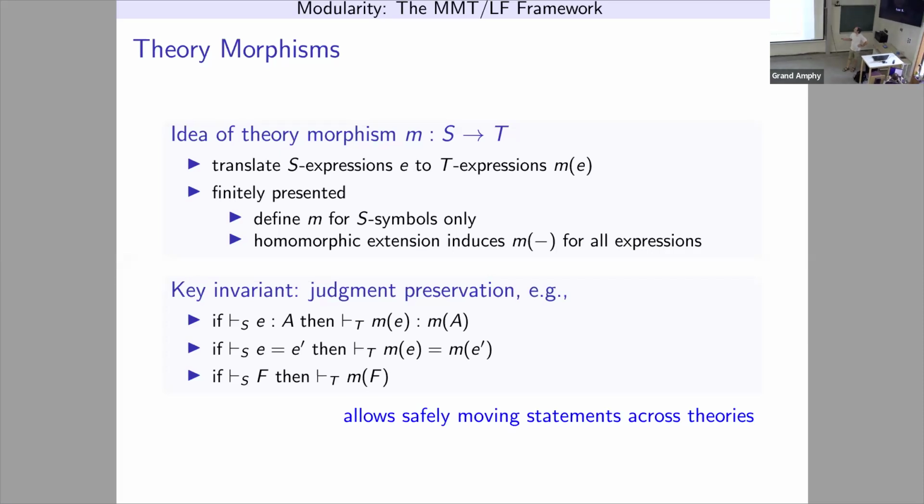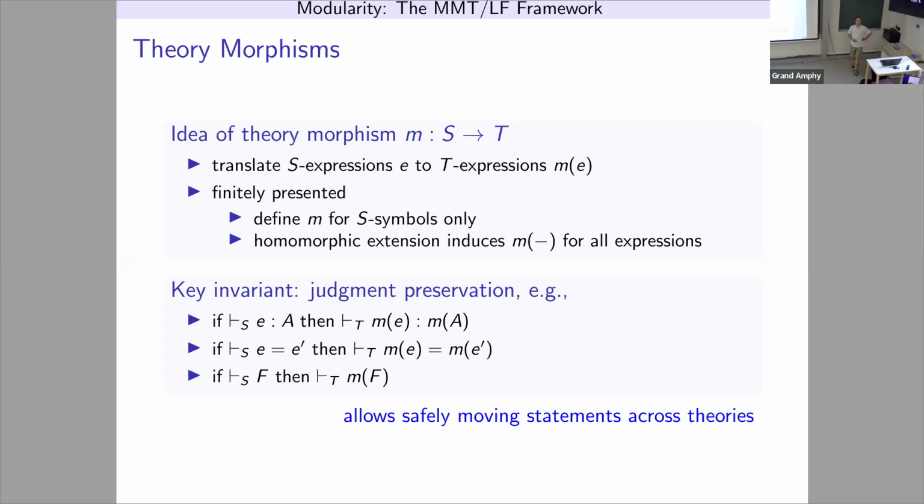So we're going to define M for S symbols. And for all other syntax, we're going to use homomorphic extension, meaning we keep the syntax tree as it is. We just swap out the S symbols for the expressions that we map.